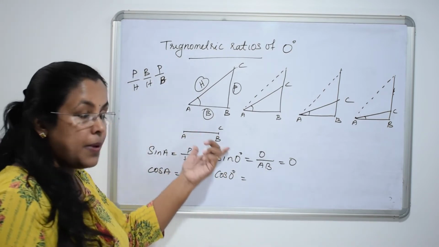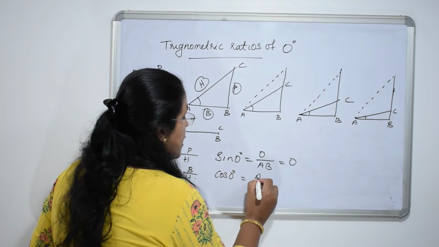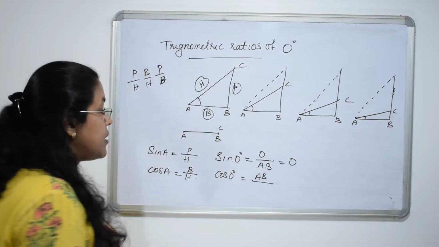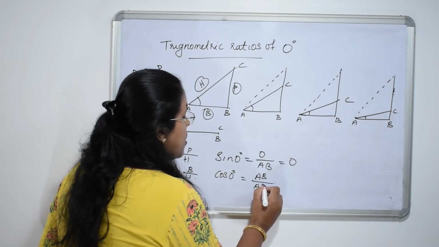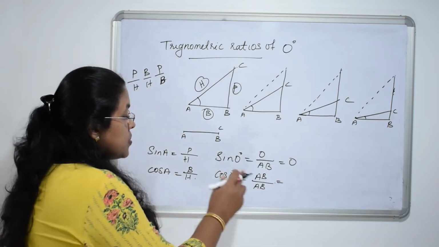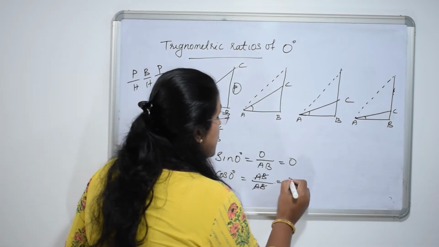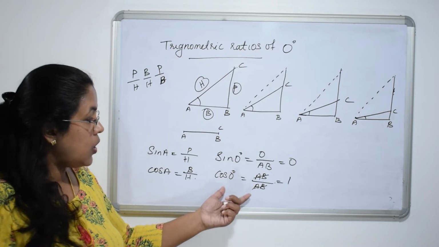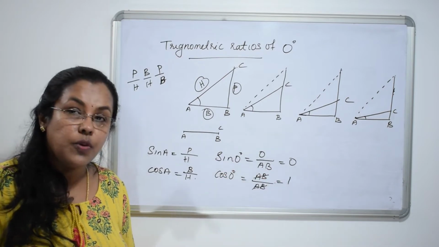In place of base we can write AB, and in place of hypotenuse we can write AB, because AB coincides with AC. So AB and AB cancel and we get the value as 1. Value of cos 0 is equal to 1.